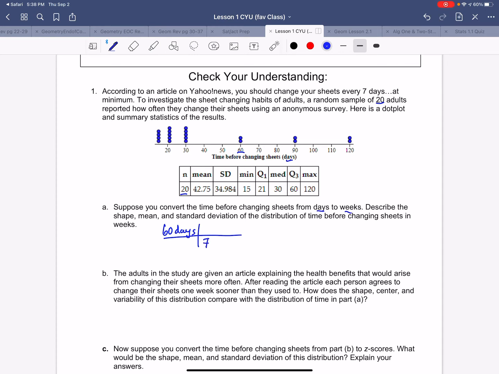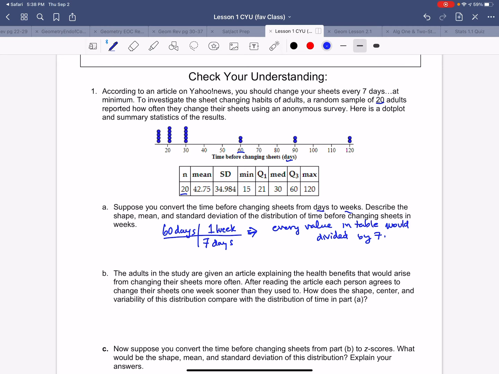We have 7 days in 1 week, right? So every single value in the table or in the data above would need to be divided by 7.